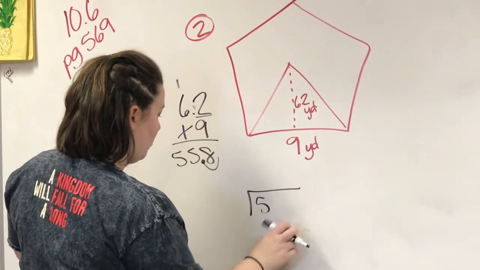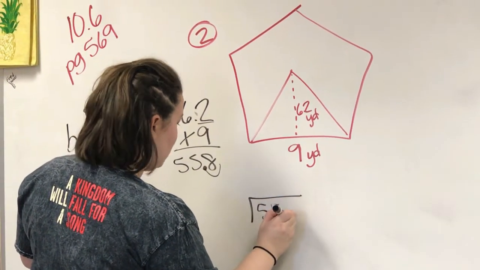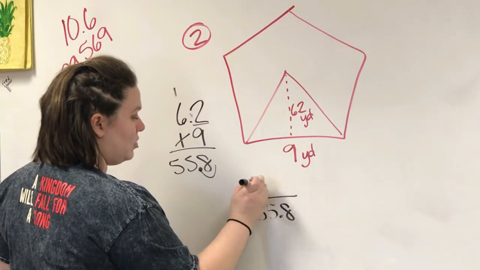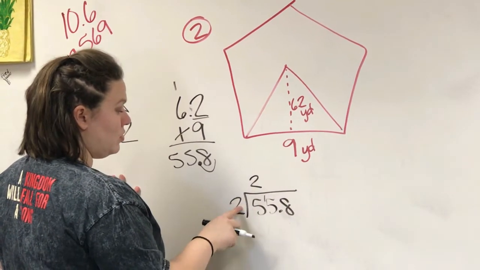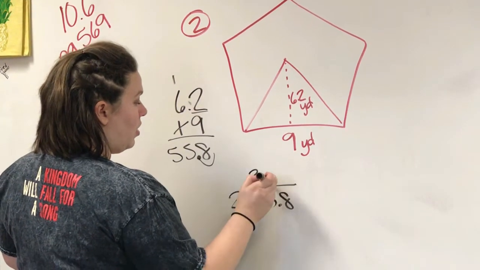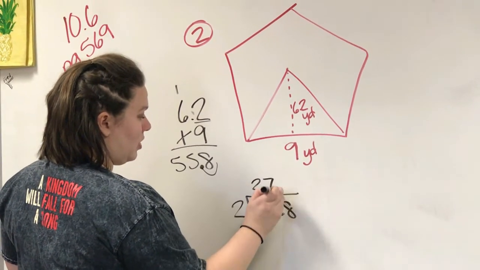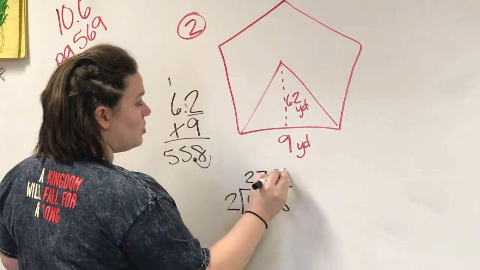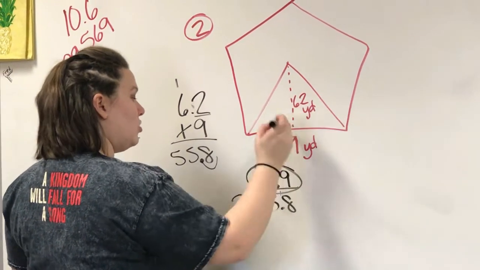Oh, no, 5.8 divided by 2. 2 fits into that 2 times with 1 left over. 2 fits into 15, 7 times with 1 left over. Bring my decimal straight up. 2 fits into 18, 9 times. So this is my area of this triangle.